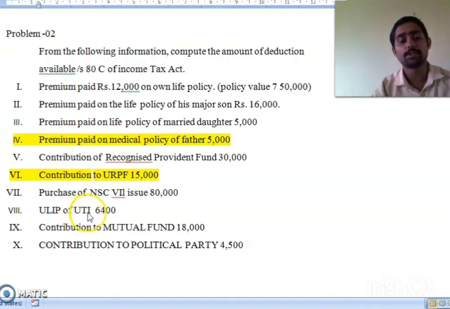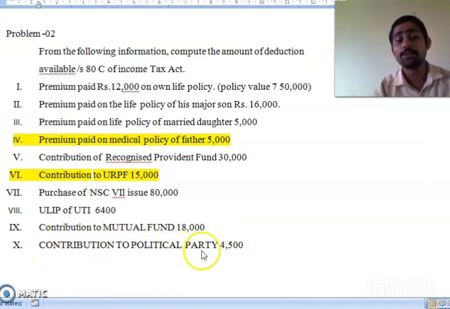This particular amount can be considered for deduction purposes. So I am considering this. Next one, contribution to mutual fund, where the company or type is not given, but we are considering this. Contribution to mutual fund is an amount we can consider.